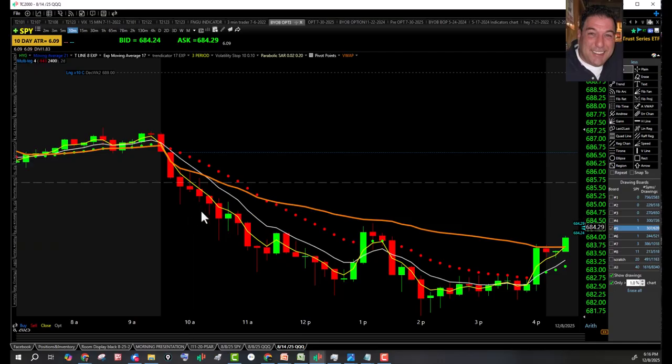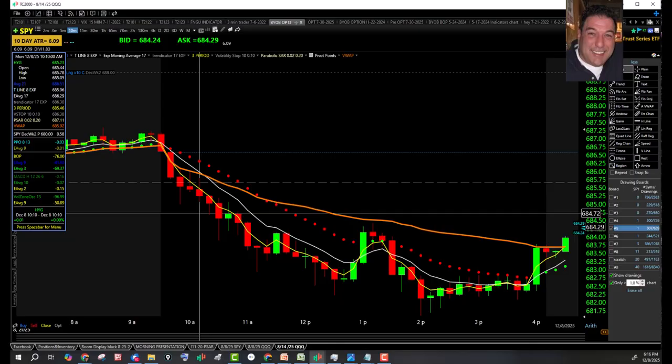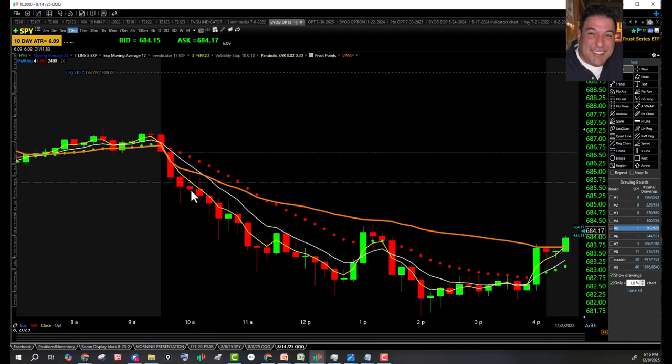I'm just going to go to the next one just to see what that says. The next one says the VWAP moving average, the same color as the VWAP line, is 685.92. Again, we're working on the 10-minute candle, and on the 10 o'clock candle.